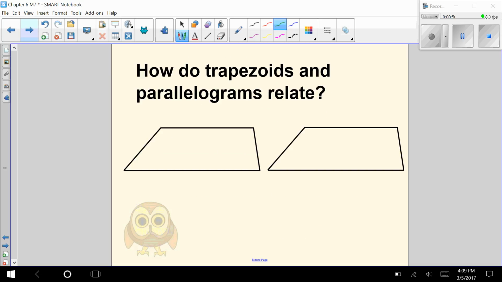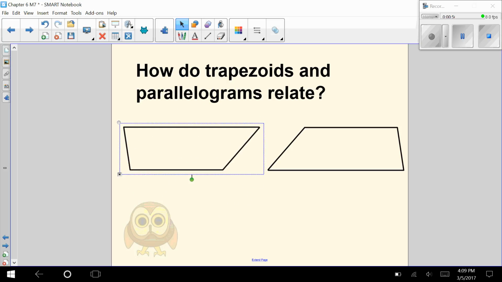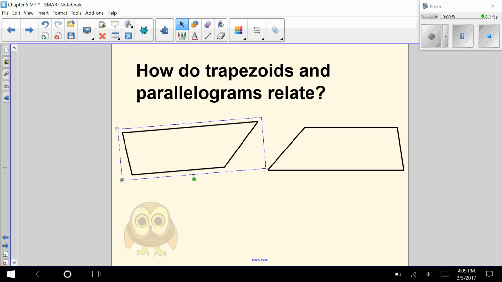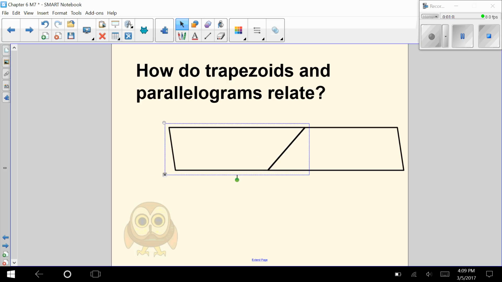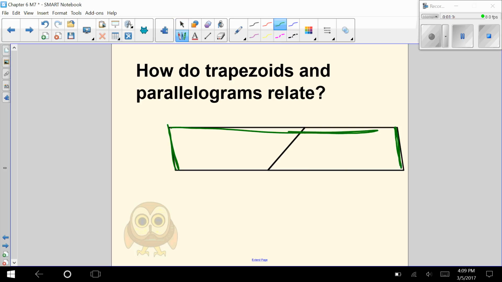So how do trapezoids and parallelograms relate? Well, if I take this trapezoid and I swing it around, and I slide it right on next to the other one, I now have a parallelogram because this side is parallel to this one, and this side up top is parallel to this side at the bottom.